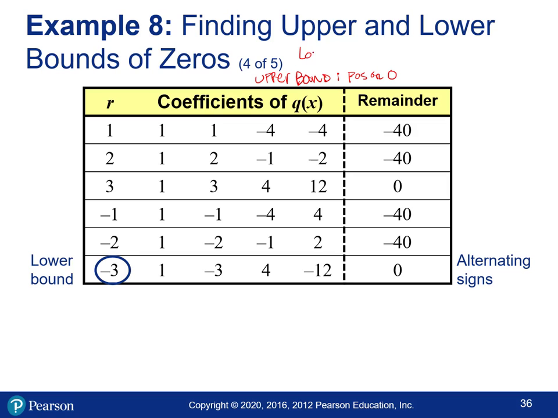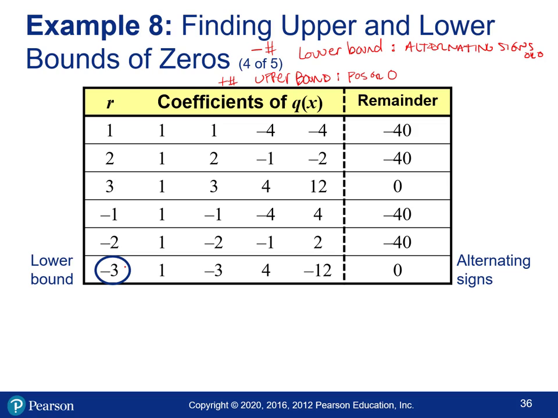And it was a lower bound if the third row had alternating signs, or 0. 0 gets to be on the list in both cases. So if it was a positive number that we plugged in using synthetic division and the third row was positive or 0, then it's an upper bound. If it's a negative number that we check and the third row has alternating signs, then it's a lower bound.